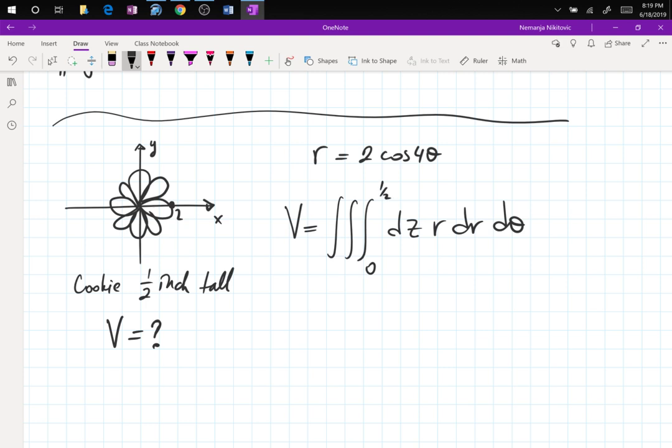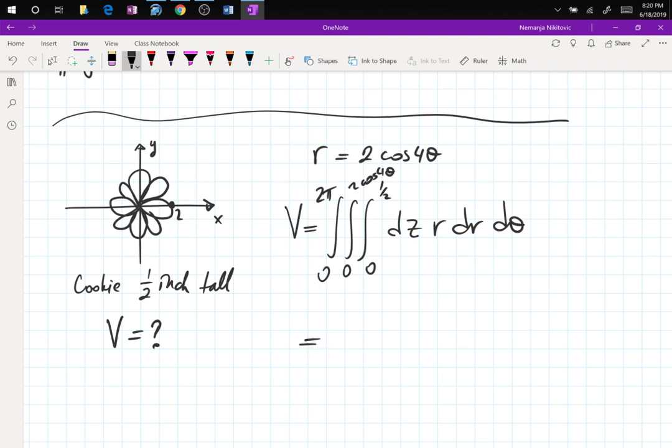You have a flat bottom of the cookie, flat top of the cookie, they're 1/2 inch apart, so 0 to 1/2 on the z-axis. Then our r equation is going to be from 0 to 2 cosine 4 theta, and we want the entire cookie, all 8 petals, so 0 to 2 pi. So that would be the setup for the cookie, and now we can quickly compute this.